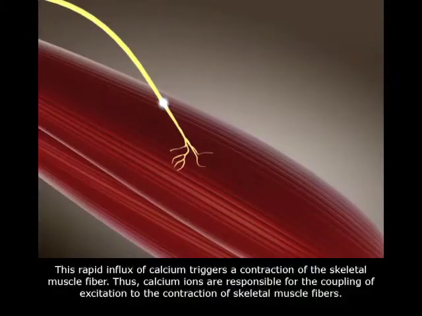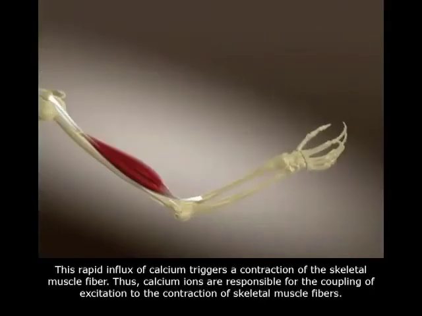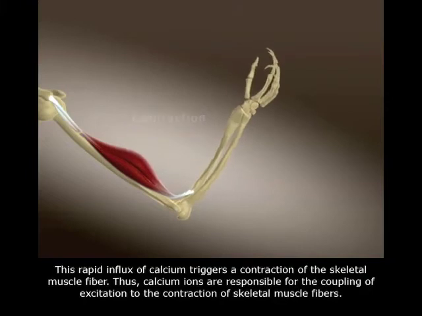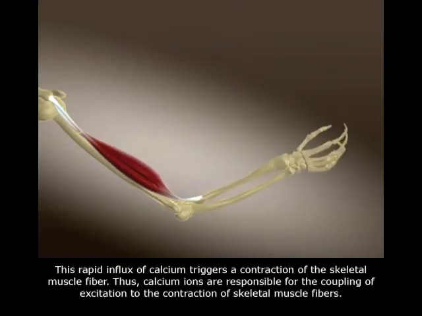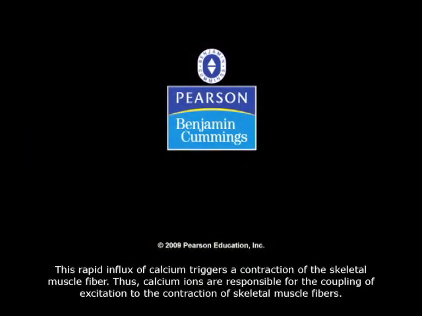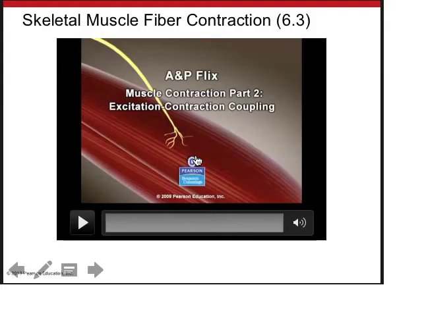Thus, calcium ions are responsible for the coupling of excitation to the contraction of skeletal muscle fibers. These are the events that happen inside the muscle cell that promote contraction.